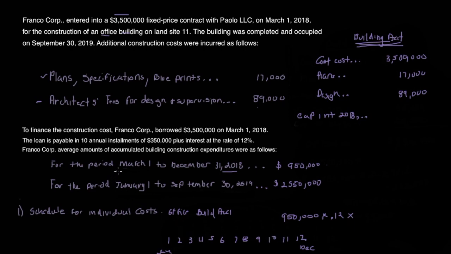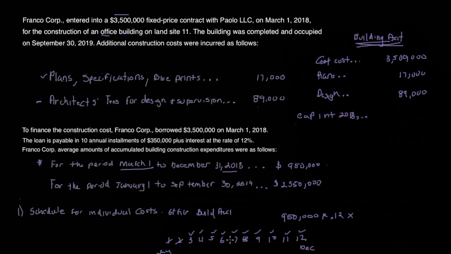So if we look right here, because this is the only one we're looking at right now, we are not focused on this one because this is 2019. So right here it says March 1st. So we go here to March, and notice it says the first of the month and not the last part of the month. So in that case, you will include March. You will not include January or February. So you will count March, April, May, June, July, August, September, October, November, and December.